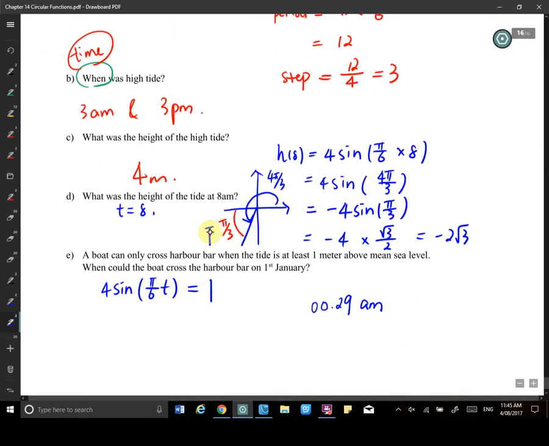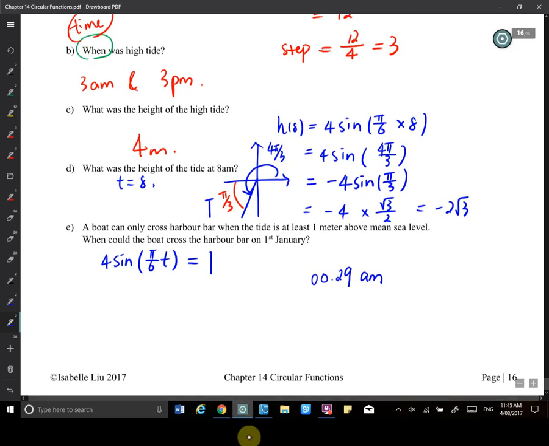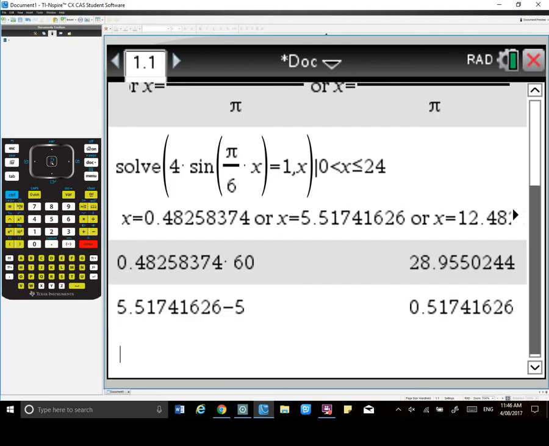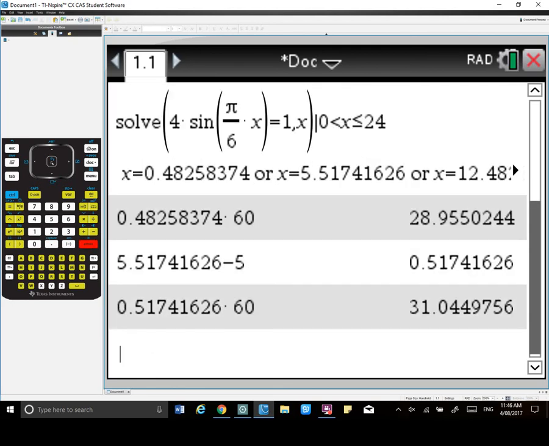And then you're looking for the next value. The next value is that. It's already 5 hours past, so I will subtract 5. I have this value here, and I will times this value by 60. So it's another 31 minutes.